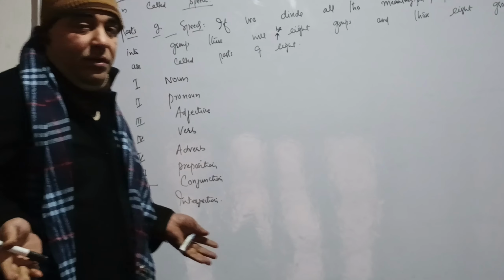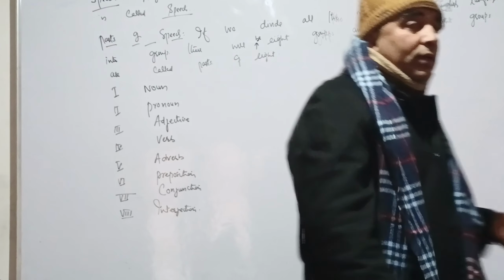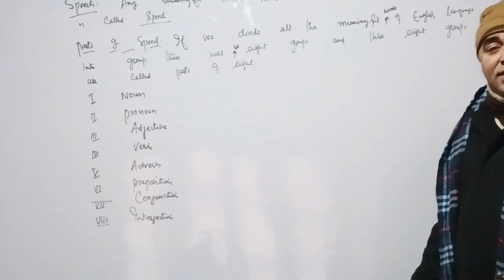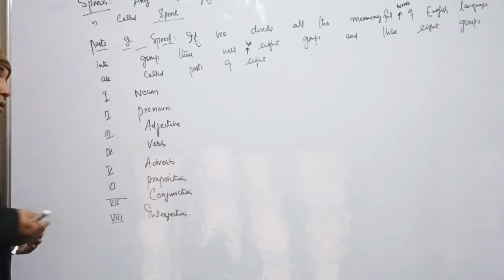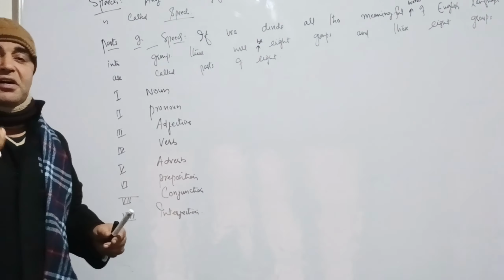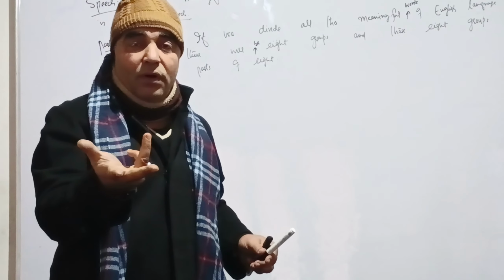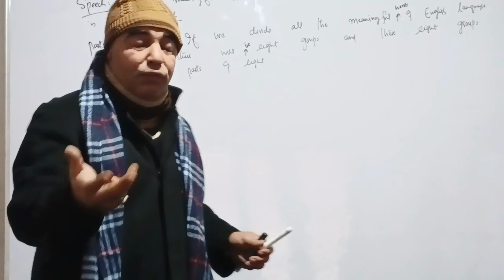Let us see. The first part of speech is noun. And from your childhood, dear students, you have read and heard about the noun. But whenever you are given a word, you're confused. You're not able to differentiate whether the word behaving in the sentence is a noun, a pronoun, an adjective, or a verb.